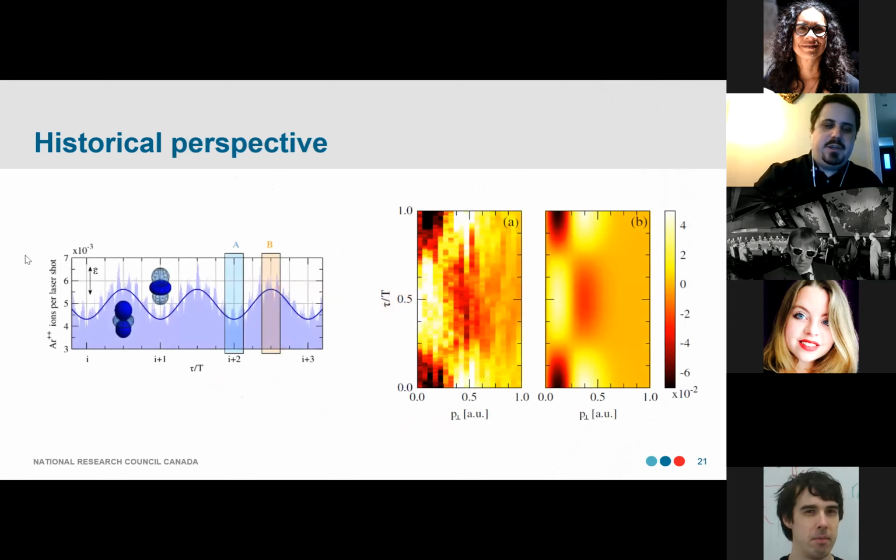So that's what Fechner did. You see that when the peanut orbital is occupied, you have a higher chance of ionization because it's along the laser polarization, and when the donut is occupied, you have a lower chance of ionization.